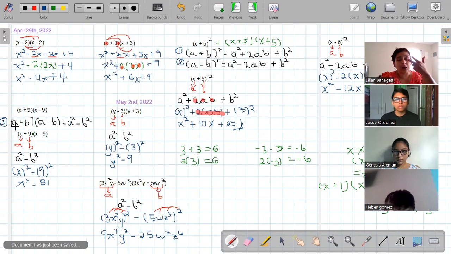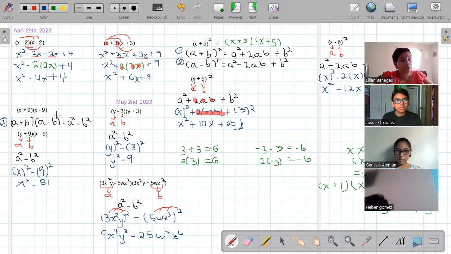And today we got to see difference of squares. So we finished with the 3 formulas of squares, and now we're going to go with the formulas for the cubes, okay? So we have 4 formulas that we're missing, and probably we're going to see all of them at the same time in our next class.